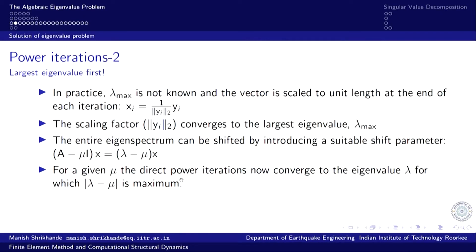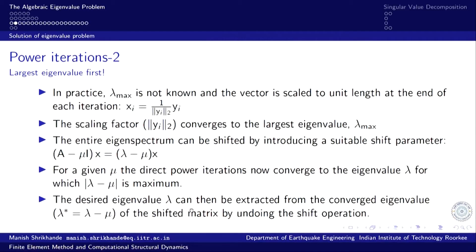So, for a given mu, the direct power iterations now converge to the eigenvalue lambda for which lambda minus mu is the maximum. In a way, if mu is close to lambda max, then this A minus mu I might converge to the lambda which will be the smallest eigenvalue.